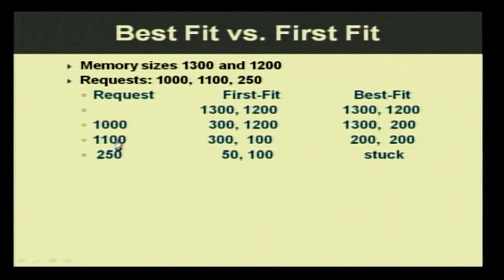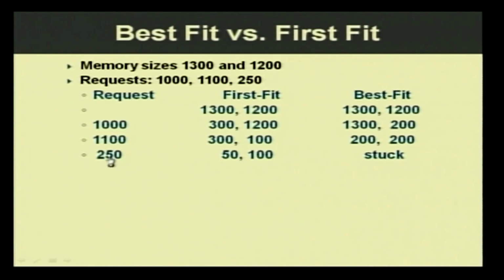Assuming another request, 1100, comes in, it analyzes the first hole, which is of size 300 and cannot be allocated to 1100 because it is much smaller. The next hole available is 1200, which can be allocated to this 1100. Therefore, this 1100 process is allocated to this space, and the remaining hole generated is 100.